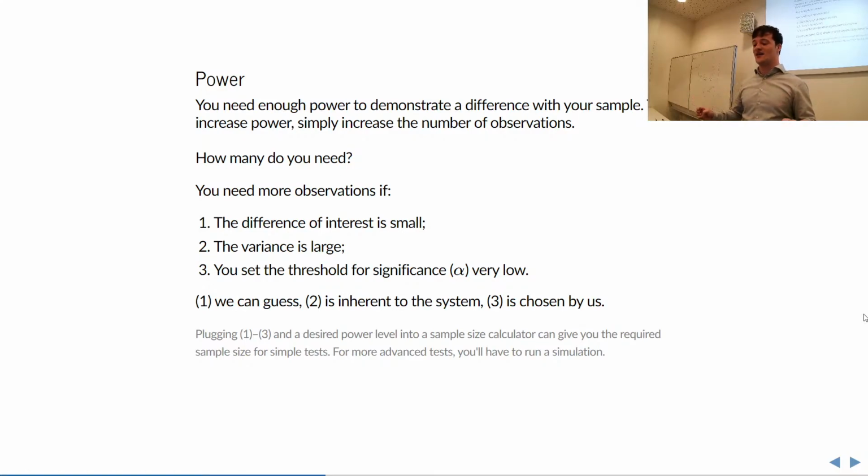That is way too high. But on the other hand, if this is a pilot study and I just want to know, is this bacteria, does it form larger colonies than this one? Who cares if you're wrong, right? It's just a pilot study, we're just trying to figure it out. Go with something higher, like 0.1. So you can choose it yourself, as long as you declare it before you start collecting observations.